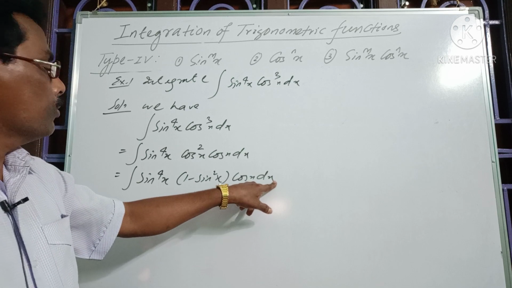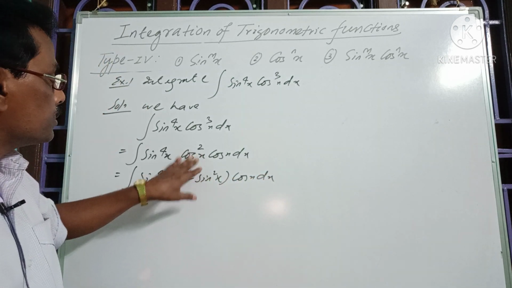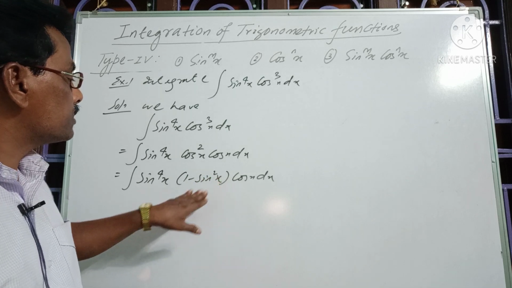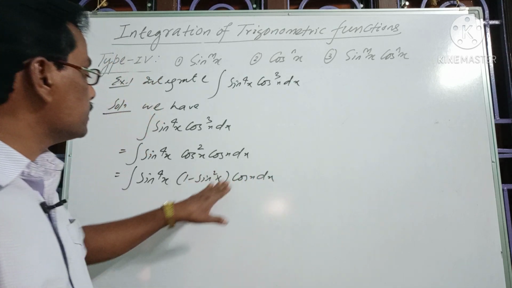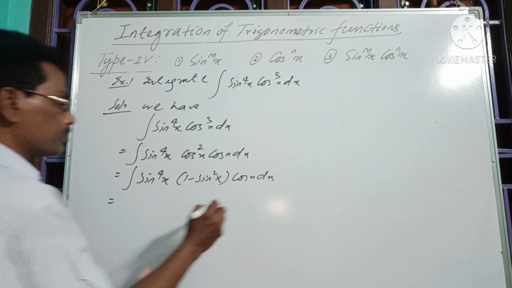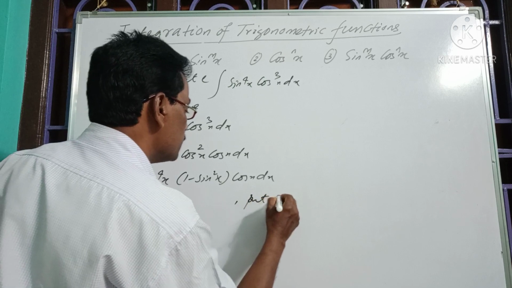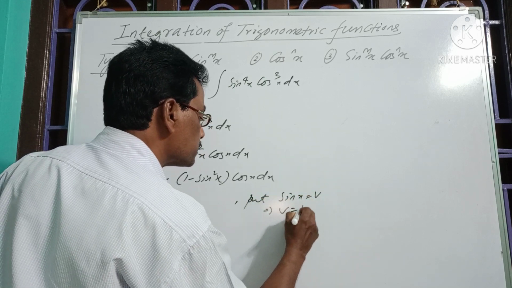So now we can apply the method of substitution to integrate the function, because if we substitute sin x as v, after differentiation it will give us cos x dx, where the integrand contains the factor cos x. So now let us put sin x as v, where v is a function of x.